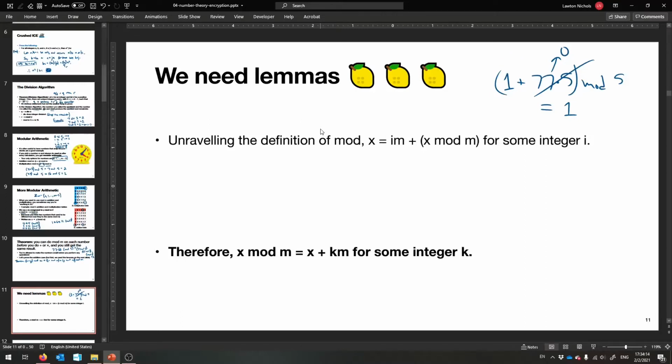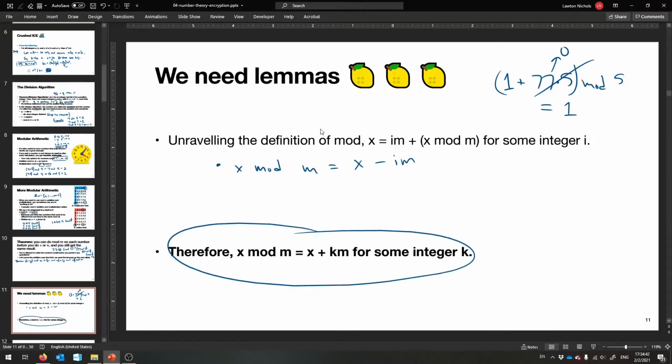Now let's use this to solve something. All right. So let's say x mod m. Well, that equals x minus im for some integer i. Don't know what it is, but this is true. If you try and divide x by m, just using the definition of mod and the definition of divides, you end up with this. And we need this fact to prove our theorem. So how do we get there?